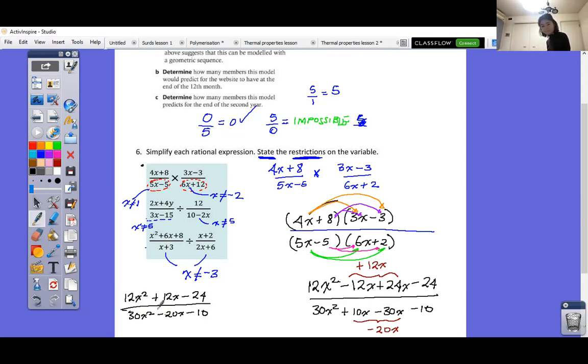And we can simplify this because here I can see that I can factor out a 12 because 12 can go into all of these things. And I have x squared plus x minus 2. And at the bottom, a 10 can come out. Sorry, this should be x here, beg your pardon.